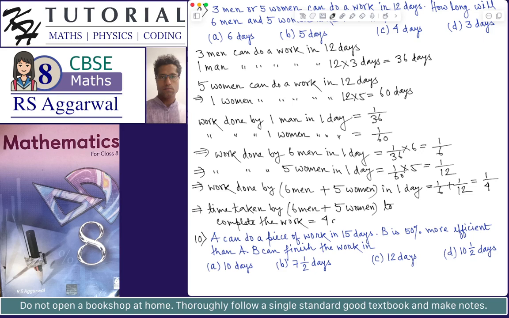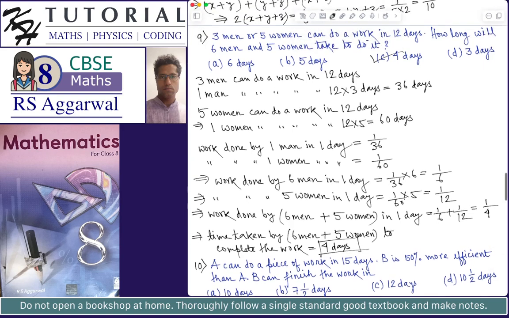Since we know that the work done by 6 men and 5 women in one day is 1 by 4, then using the second general rule of time and work, we can say that the whole work will be completed by 6 men and 5 women in 4 days. So the answer is 4 days, and hence the correct choice is C. C is the correct choice.